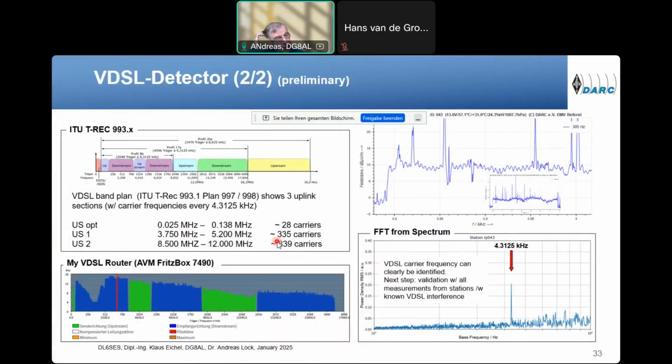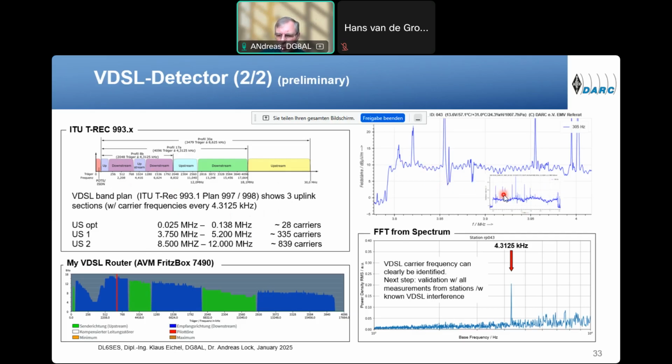If we look a little deeper in the band plan, we learn that in these sections we have subcarriers, spaced every 4.3125 kilohertz. In uplink section 1 we have about 330 carriers, and in uplink section 2 about 800 carriers.